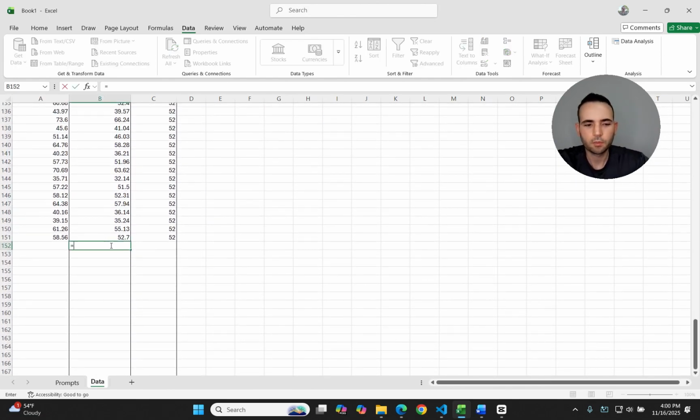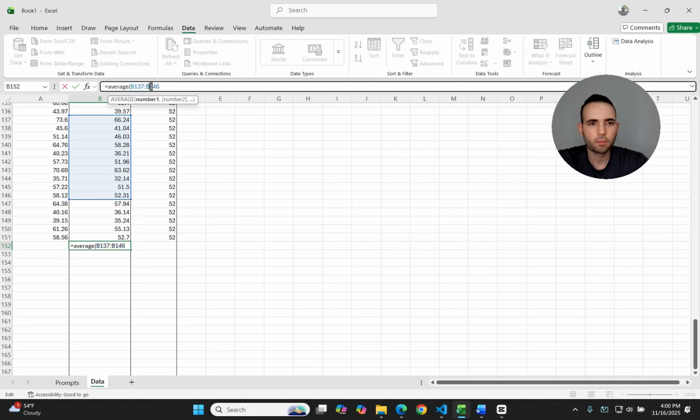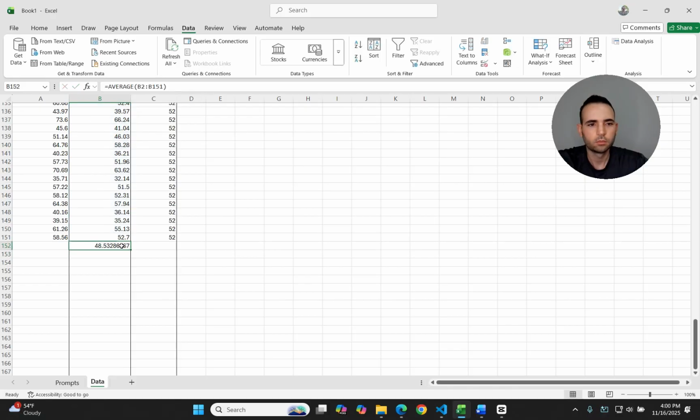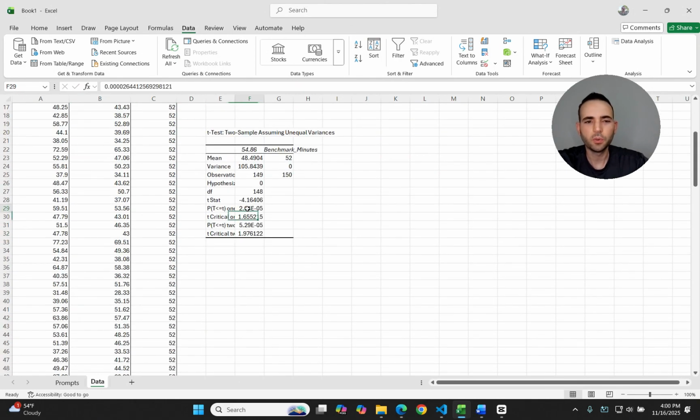Now, if we want to know whether it got better or worse, all we have to do is just find the average of B2 to B151. That is the new average patient wait time. And we already know that the average is 52 for the benchmark, which means that we proved that our process improvement is significantly lower than the national benchmark.